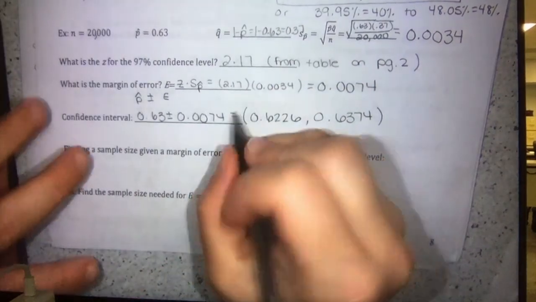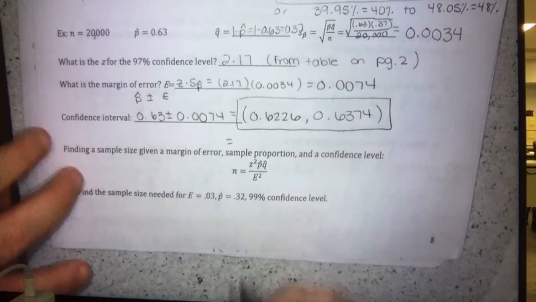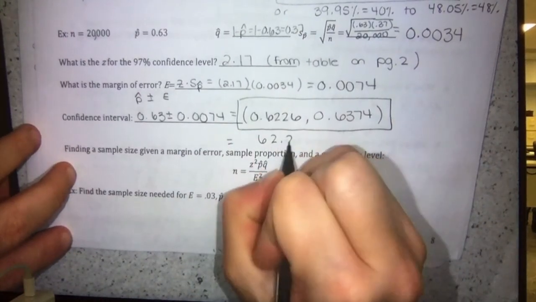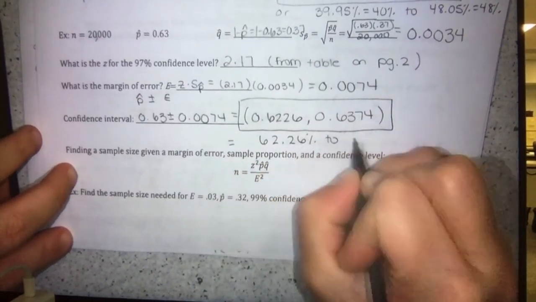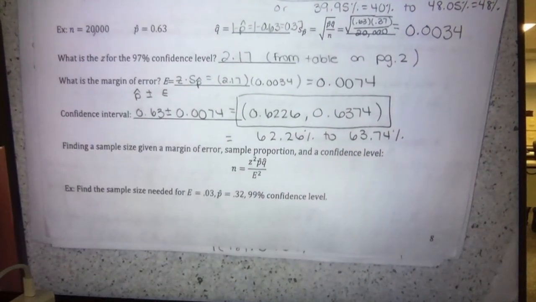So that could be our answer. If they want it back in percentages, we can move the decimal 2 places to the right and get 62.26% to 63.74%. We're saying it's in between those two boundaries. And that's it for that example.